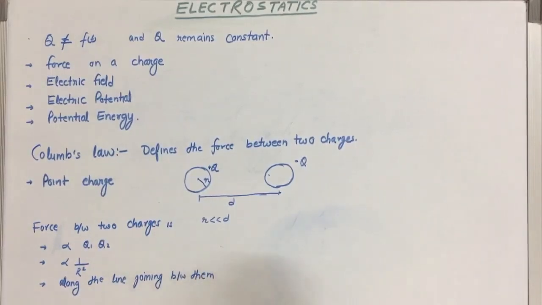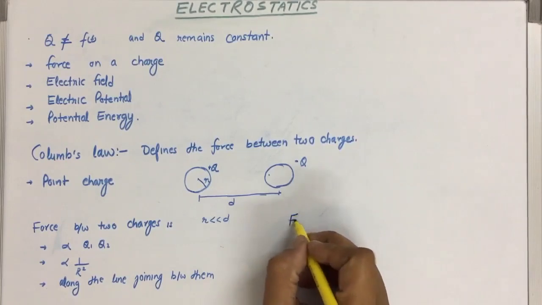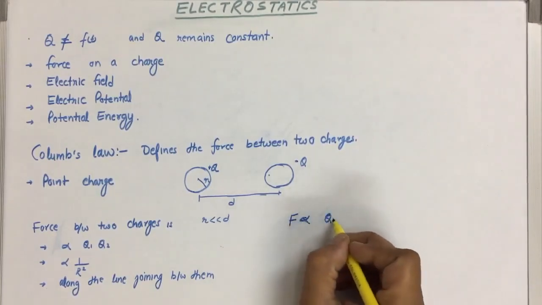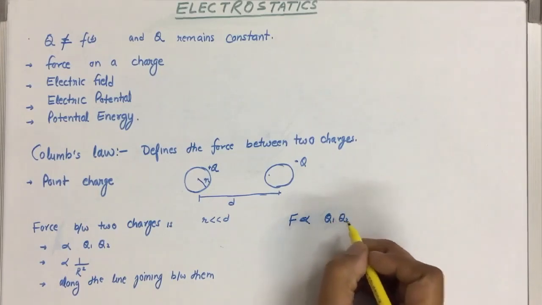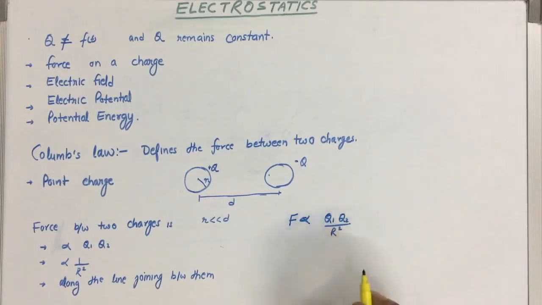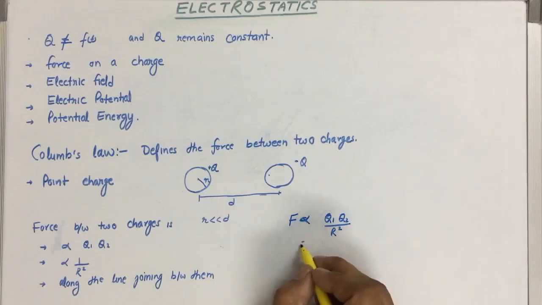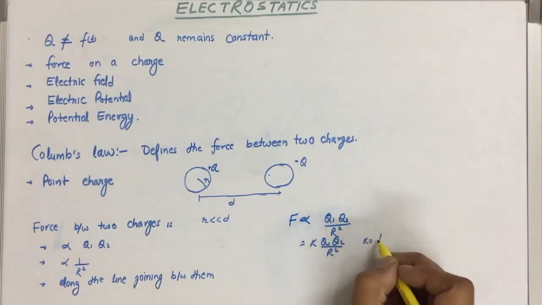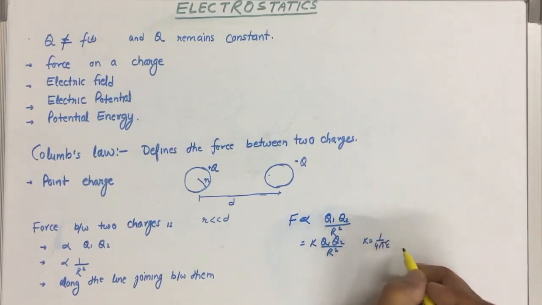On the basis of this, force between two point charges can be written as proportional to the multiplication of the charges divided by the square of the distance between them. And to remove the proportionality, a constant k is placed here, and this constant is equal to 1 by 4 pi epsilon.